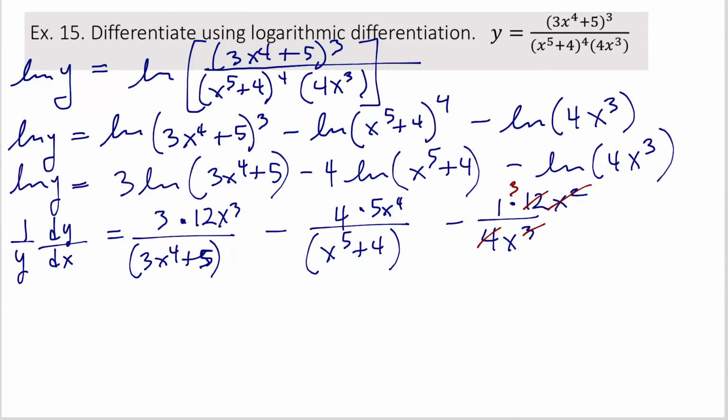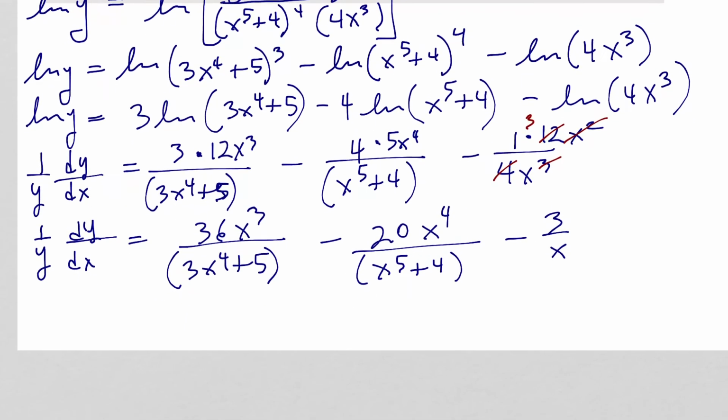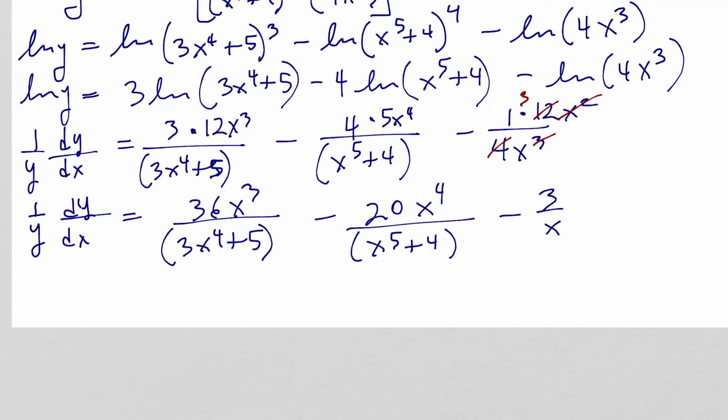All right, so now let's go down to the next line, and I've got 1 over y dy/dx equals 36x^3 over 3x^4 + 5, minus 20x^4 over x^5 + 4, minus 3 over x. Last step, I multiply through by y, and I'll have my derivative, dy/dx.